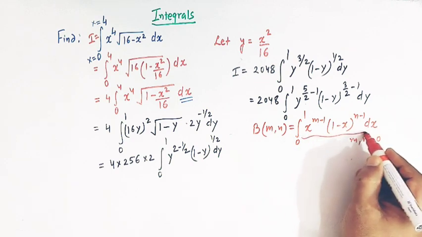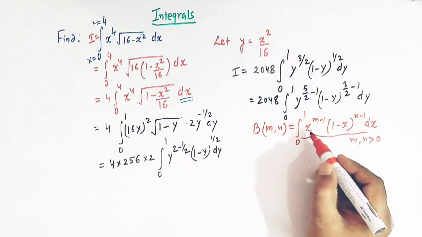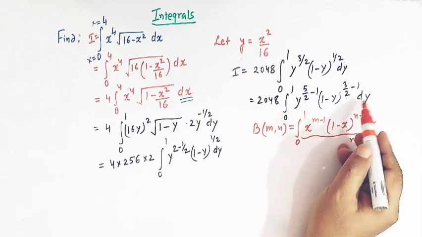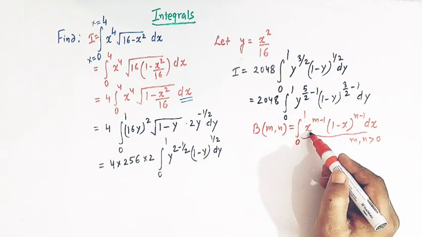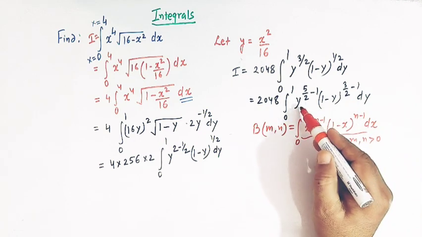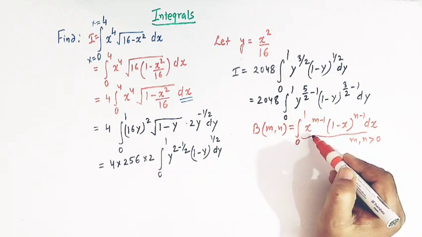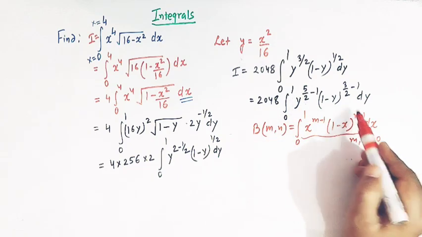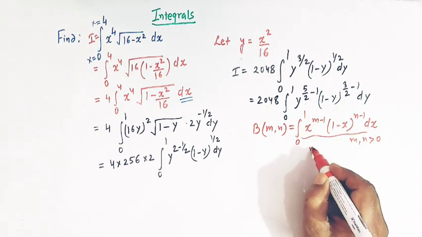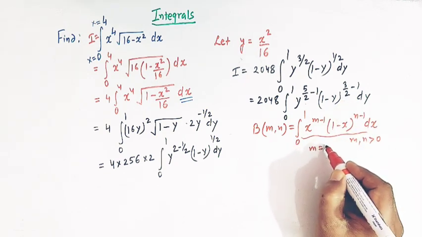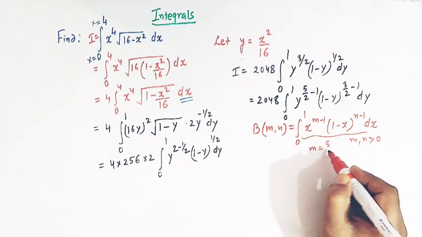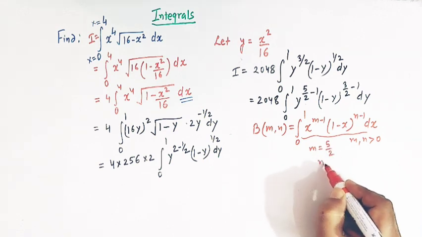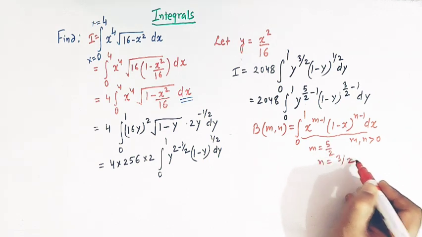If we compare this integral with this one, the variable is y here and x here, and it is not going to change. Here m is 5 by 2 and n is 3 by 2. So comparing, we have m equal to 5 by 2 and n equal to 3 by 2.